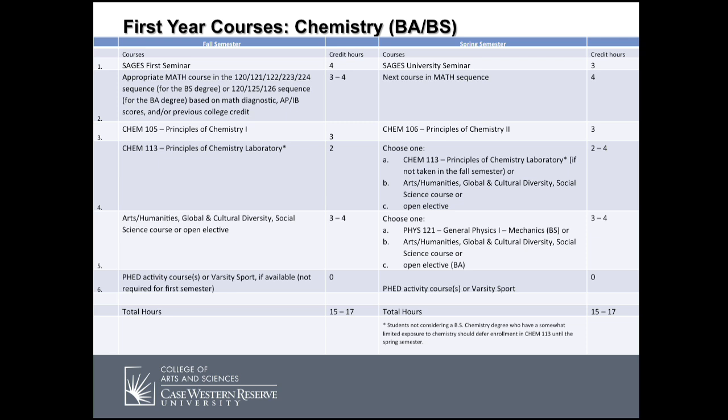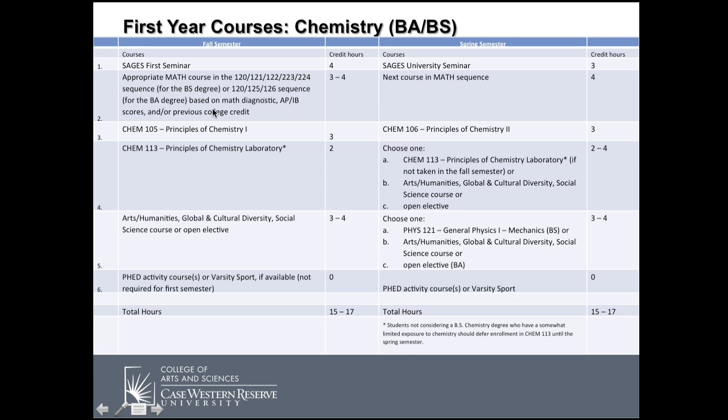And the main difference is going to be the math sequence for your first semester. If you are a Bachelor of Science major, you're going to be looking at the 121, 122, or if you're a Bachelor of Arts, you're going to be looking at the, I think that should be 120, 124, 125, isn't that right? No. Oh, 125, 126, sorry, okay.